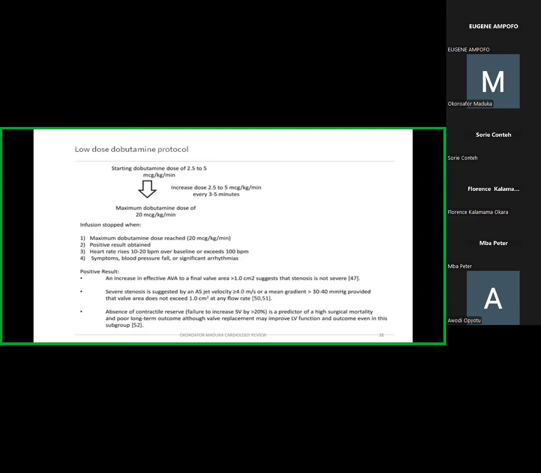You stop the infusion when you reach the maximum dose of 20 microgram per kg, or there's a positive result, or the heart rate rises 10 to 20 beats per minute over baseline or exceeds 100 beats per minute, or the patient develops symptoms or a fall in blood pressure. The things that suggest a positive result are as seen. We can look at it in our spare time.